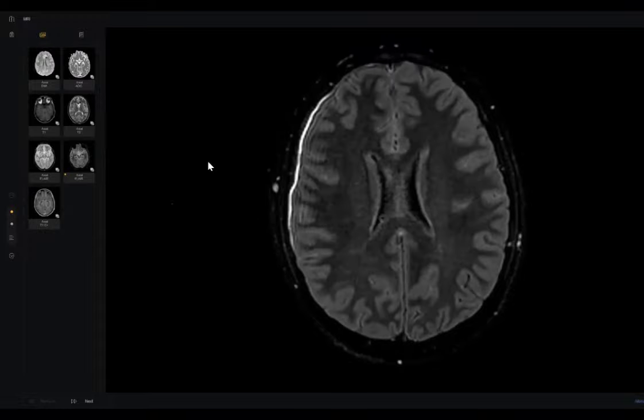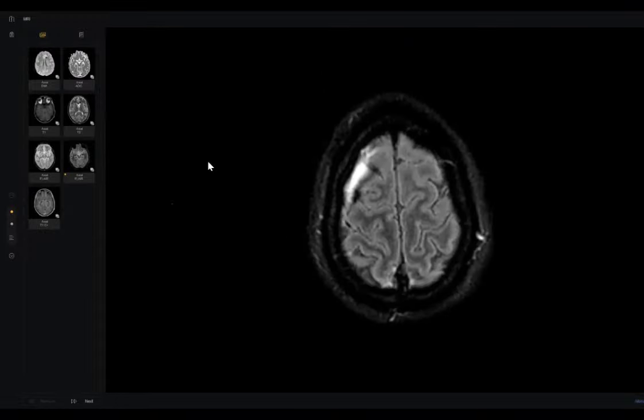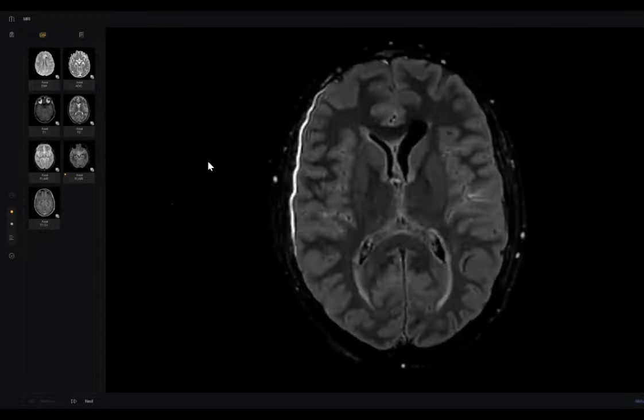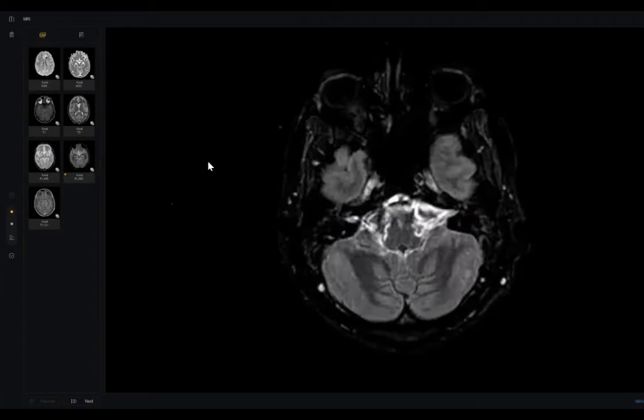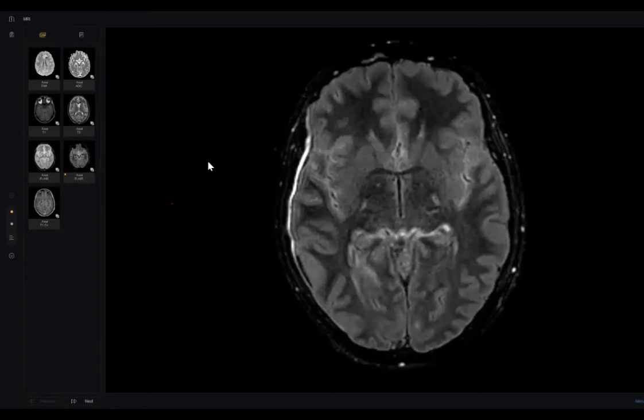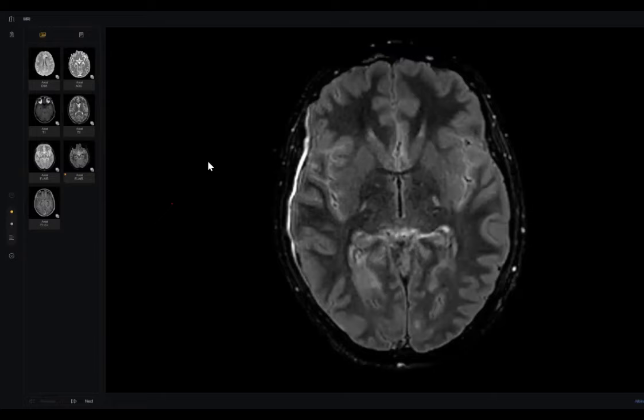On FLAIR, there is abnormal signal. There is a subdural collection within the basal cistern and right frontoparietal region. Yes. I couldn't appreciate the abnormality within the brain parenchyma.